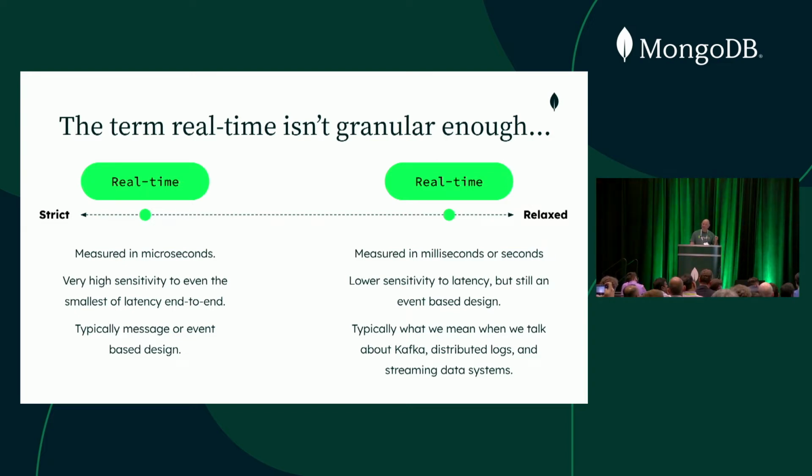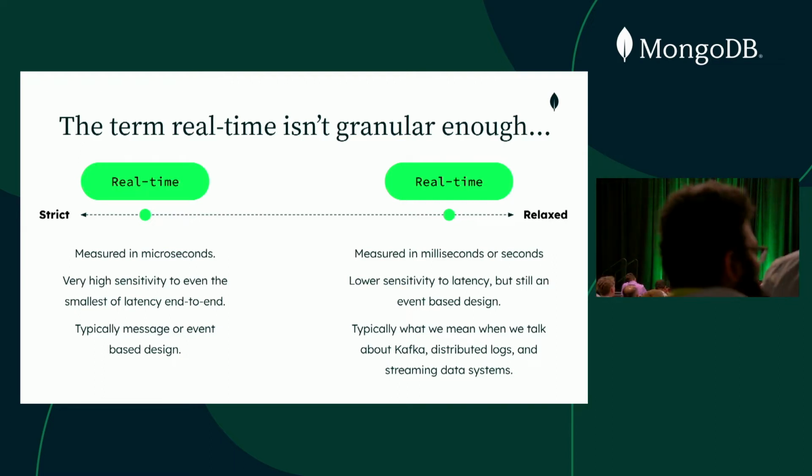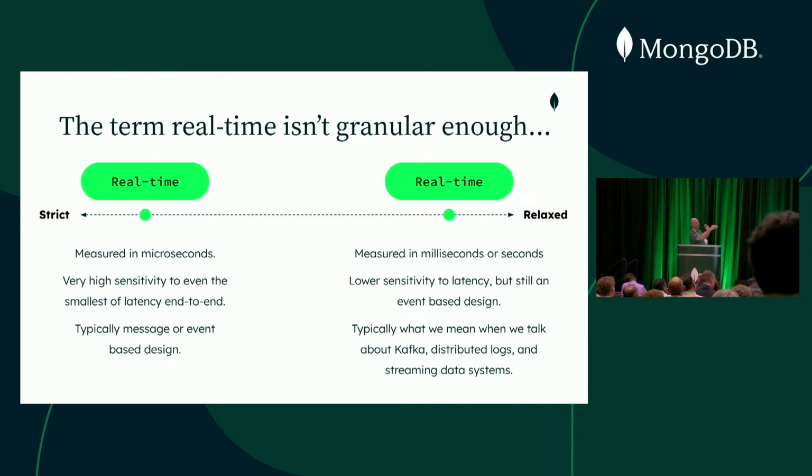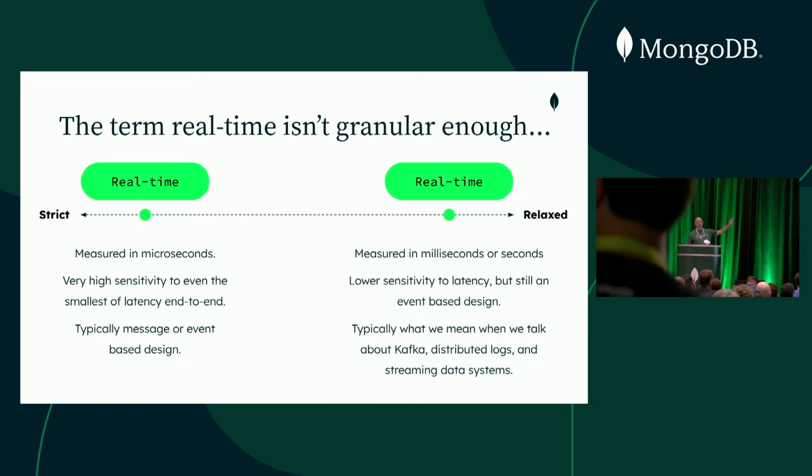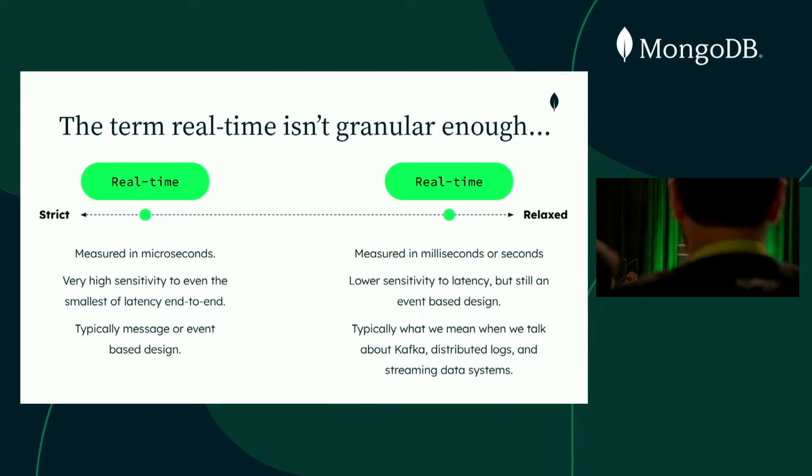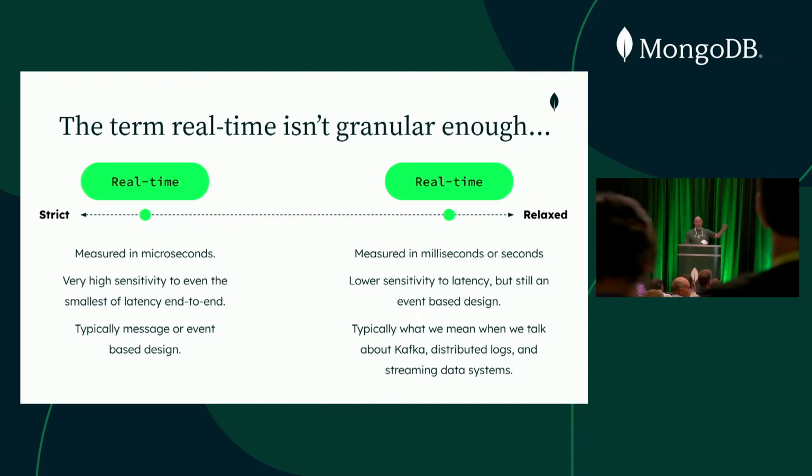And that's typically what we mean when we talk about event streaming and event processing and event-driven architectures, okay? So just kind of frame your thinking here. If you're facing the screen here, you could go way further to the right, and that would be much more like from a batch perspective. And you can go way more to the left, and that's very, very strict in terms of real time. Just to kind of frame your thinking here.